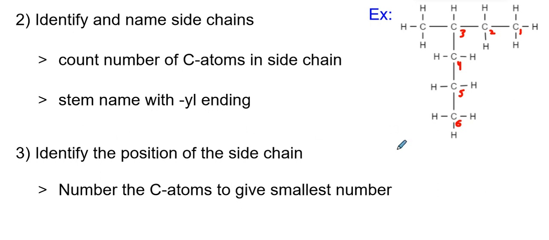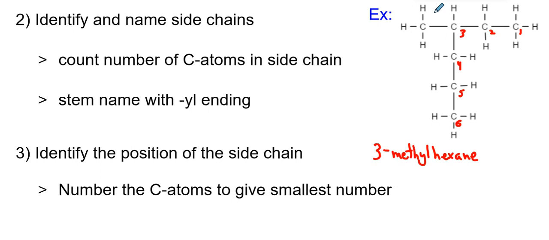And with that in mind, our name here will be 3-methyl hexane. Notice that there's a dash here, a hyphen, between the number and the group.